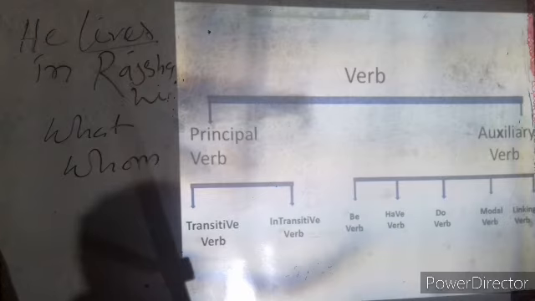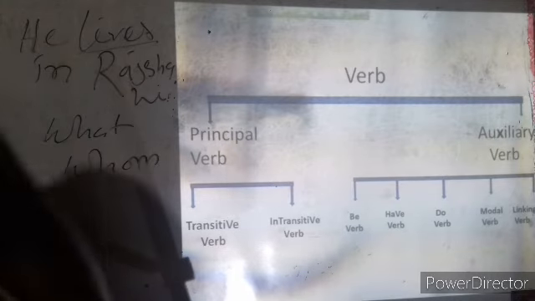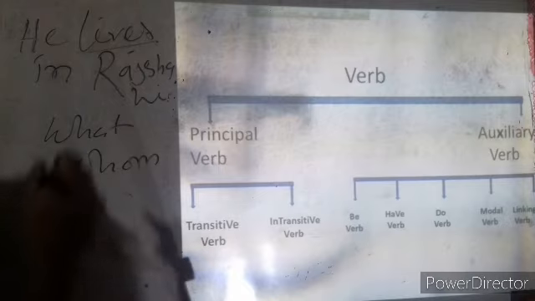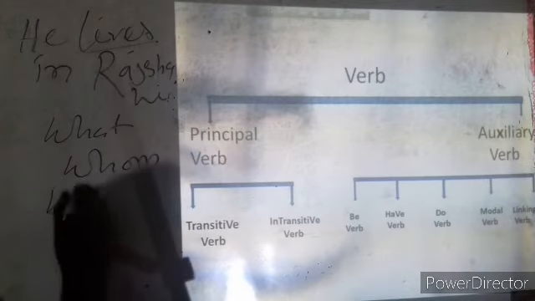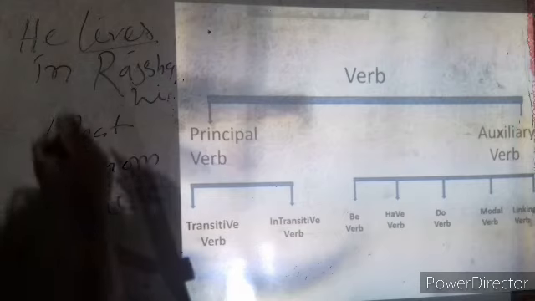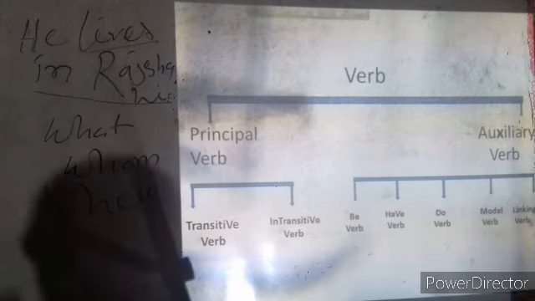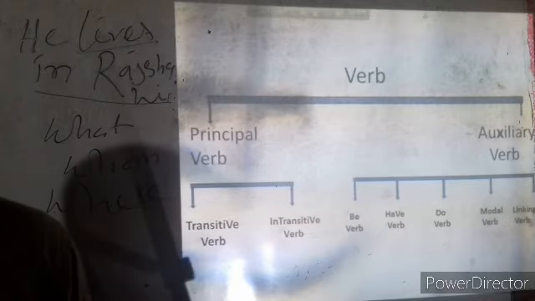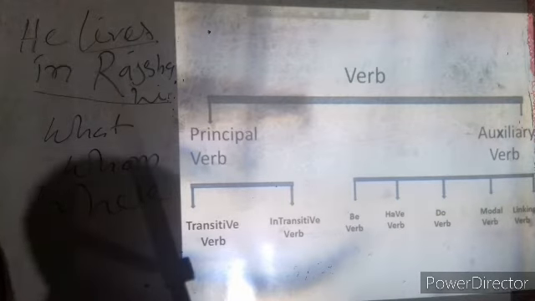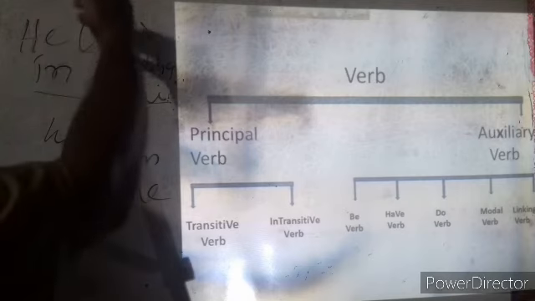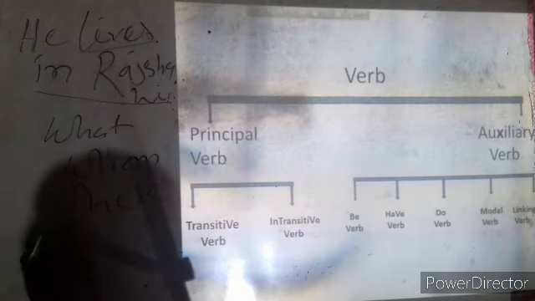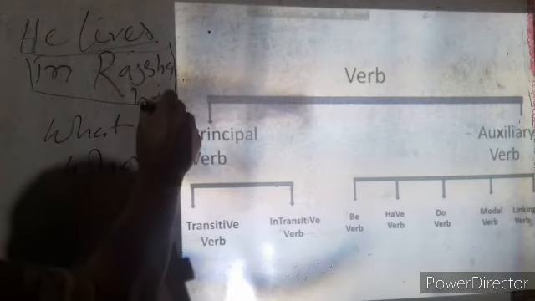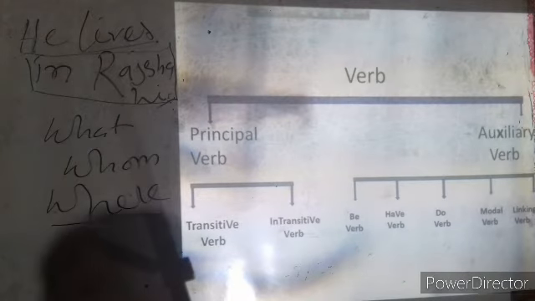No, we are unable to ask the verb lives with what or whom. But we can ask the verb where. Then the answer will be in Rajshahi. Where does he live? We can ask the verb live with where. Then the answer will be in Rajshahi. So it is intransitive verb.